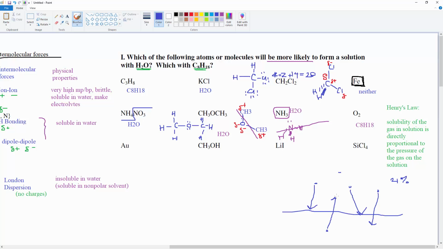So the water can release oxygen, the water can absorb oxygen. So long as there's a substantial amount of oxygen sitting on the surface of the water, it doesn't have to be pure oxygen, it can be just a partial pressure, then some of it will be absorbed by the water.